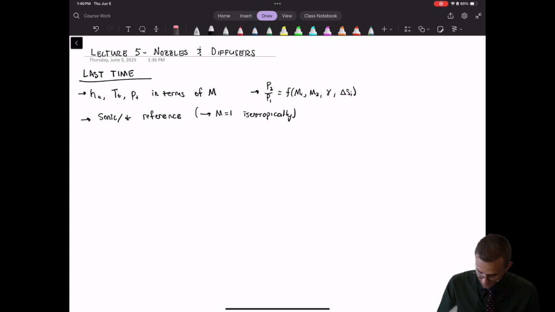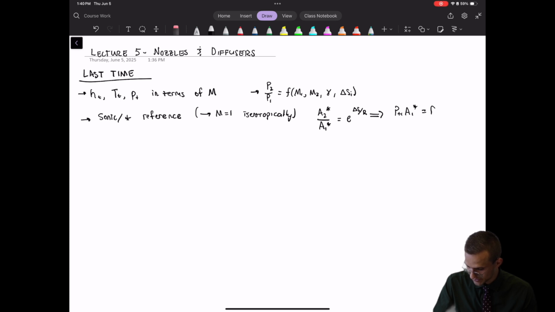And then we had this relation that we derived from the working equation for area, where A2 star over A1 star is equal to e to the delta S over R, which implied this relationship: PT1 A1 star is equal to PT2 A2 star. And that's where we ended the lecture.